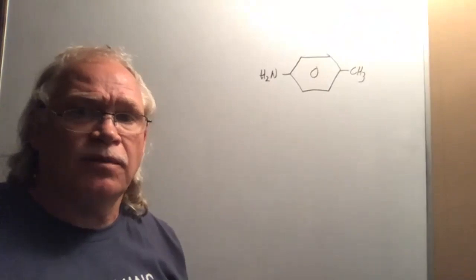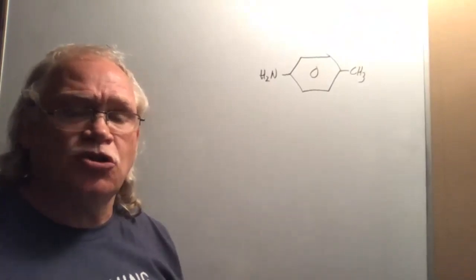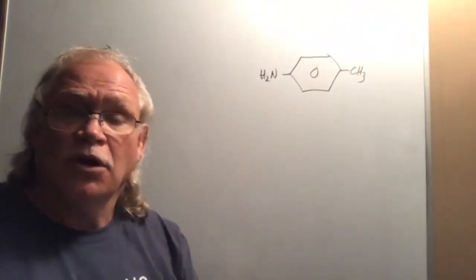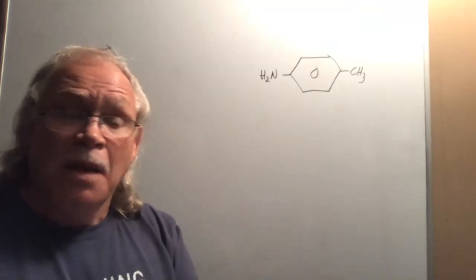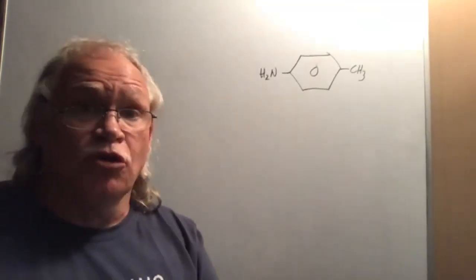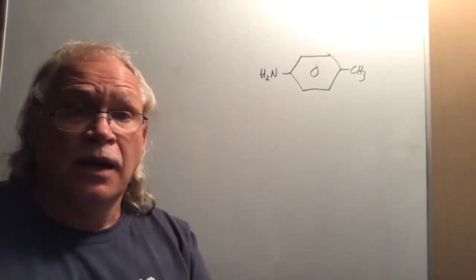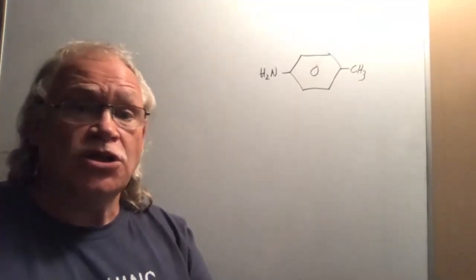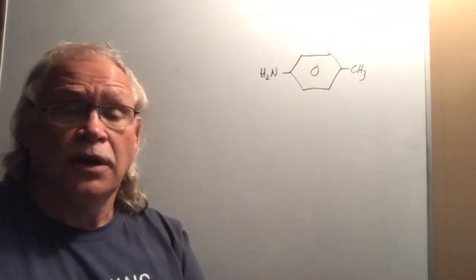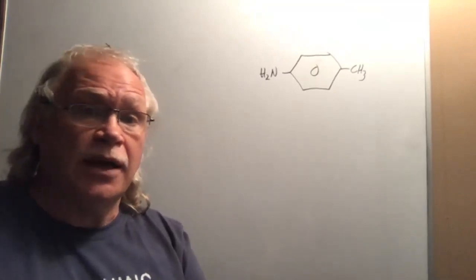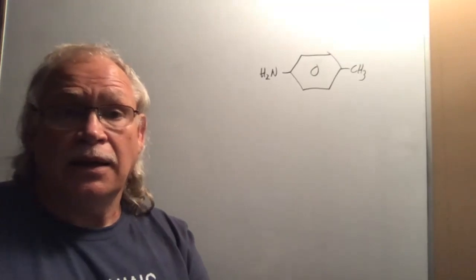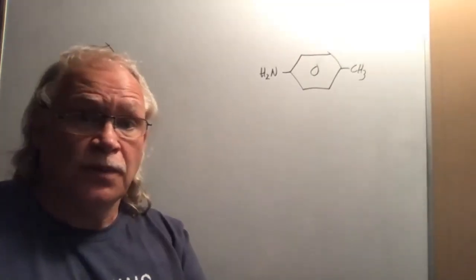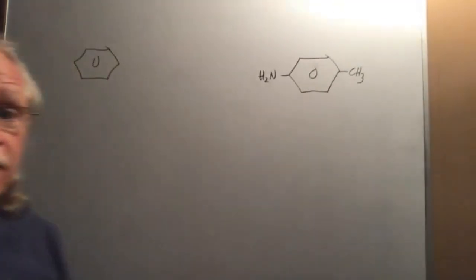Look back through all the reactions that you covered. Can you put an NH2 group on the ring? No. But I know how to put an NO2 group on the ring. And then I know how to change that NO2 group into a NH2 group.